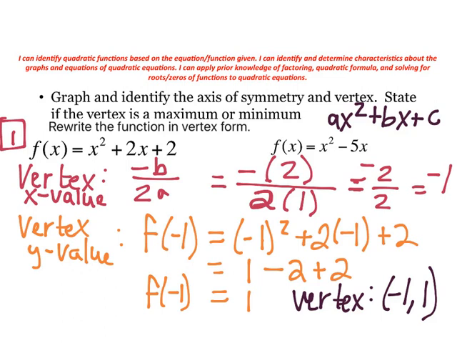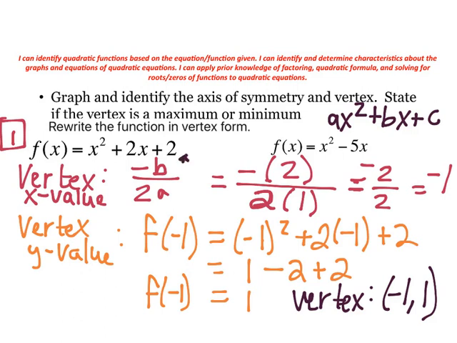And so because it is in standard form, I have to calculate the vertex algebraically by taking the b term, negating it, and dividing by 2 times a. And so that's what you see written right here.